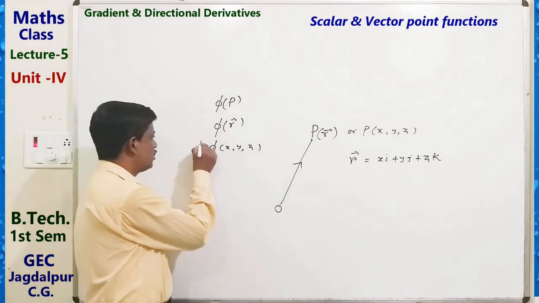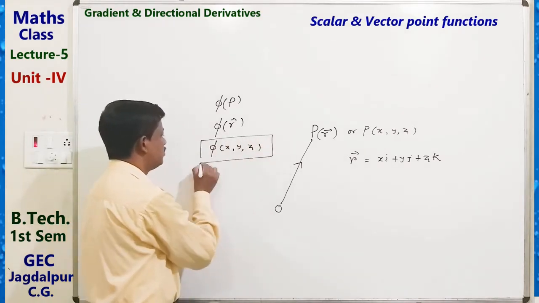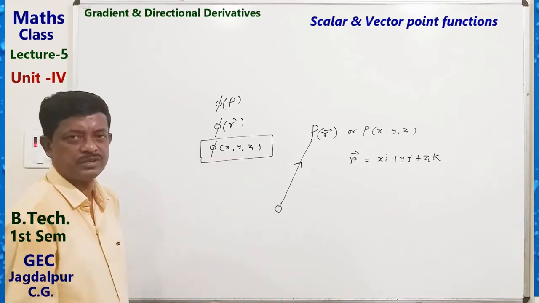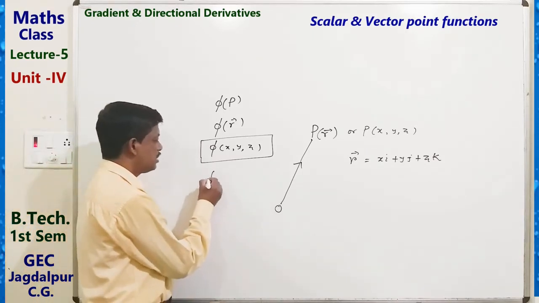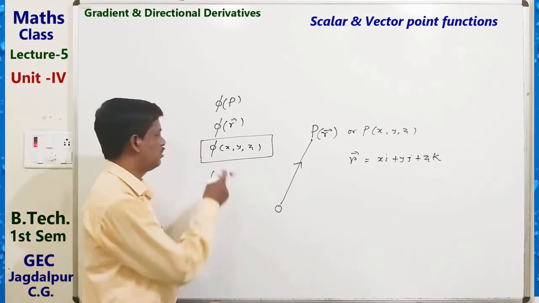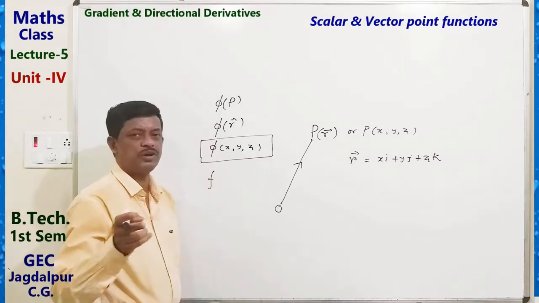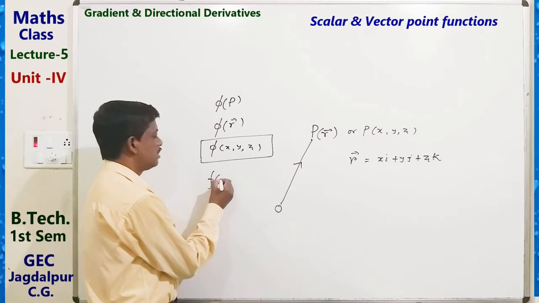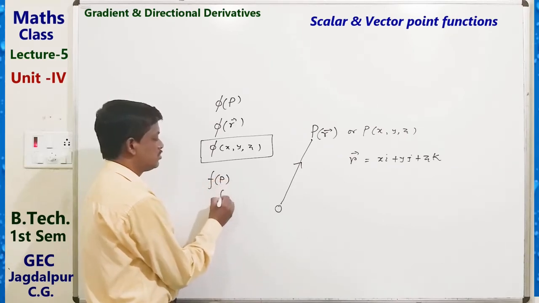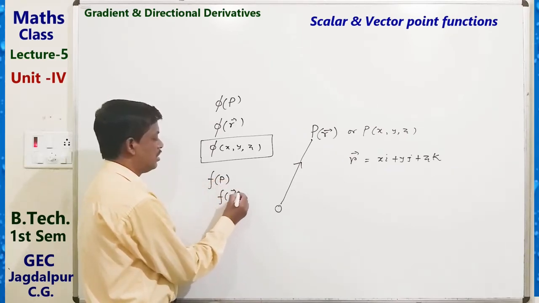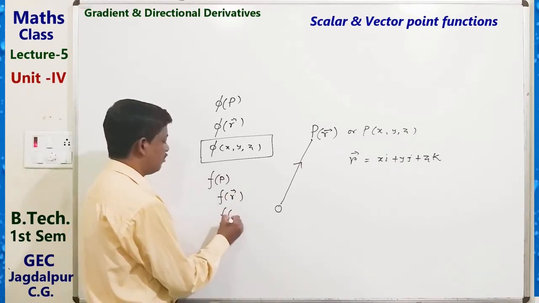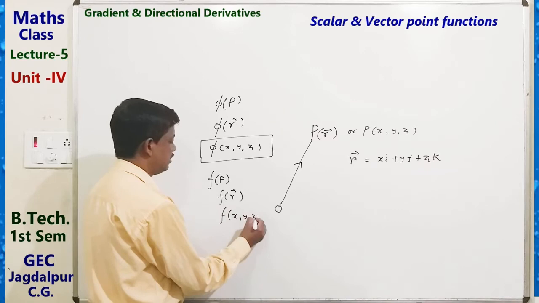So a scalar point function is a function of three variables in space. We can also use small f, but phi is generally used for a scalar point function, so we can write f of r, f of x, y, z, etc.